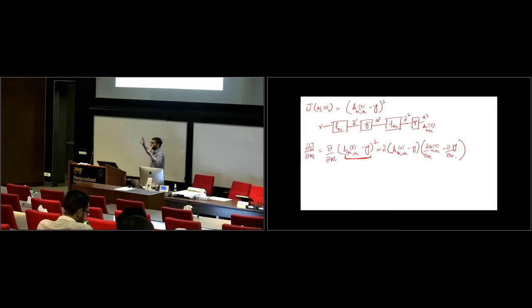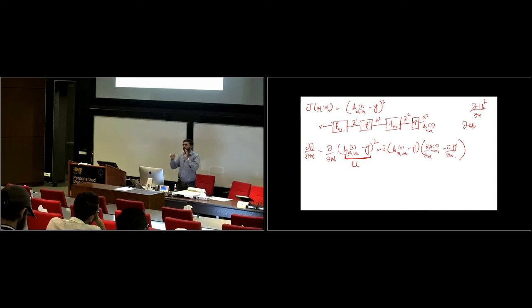If you have a very complex looking function which is a composition of a function with a function with a function, and you don't know what to do, start with the simplest thing. Just imagine that this is, let's say, u. So this looks like u square, and you want to take the derivative of u square with respect to u.